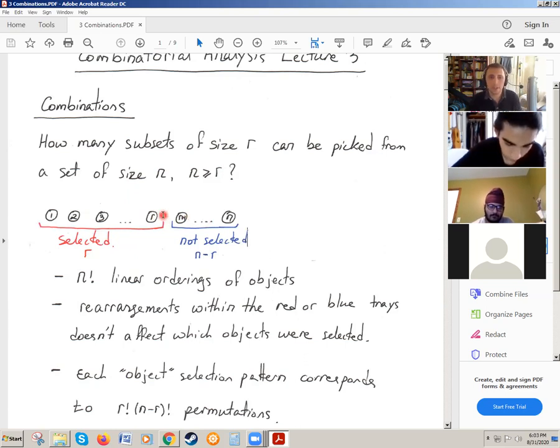We can imagine that all the objects are going to be arranged linearly, and then below those objects there are two trays. One is the red tray, and the red tray contains r places, r placeholders. Everybody who is on the red tray will be selected, and everybody not on the red tray will be on the blue tray, and they are not selected. You understand? So I have those n objects, and I perform the selection this particular way.